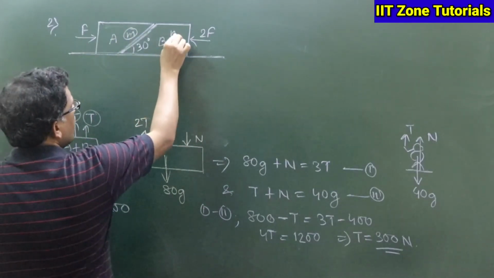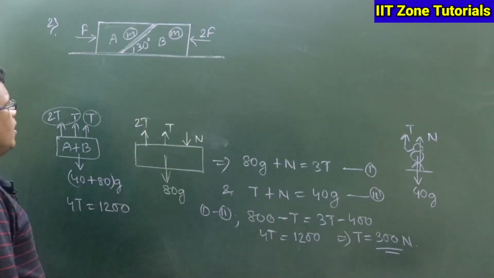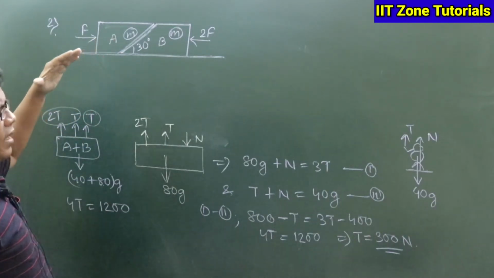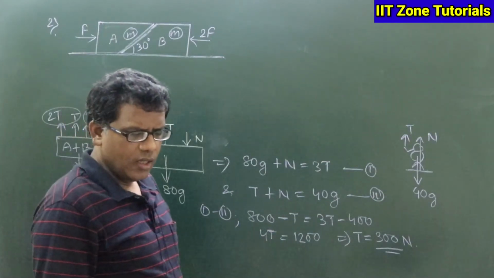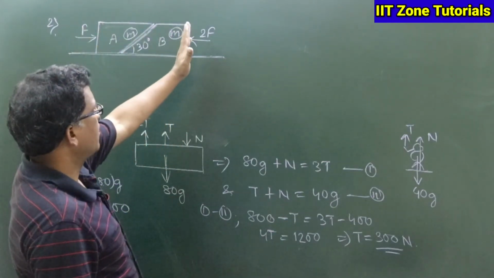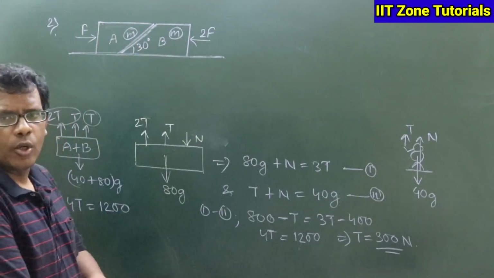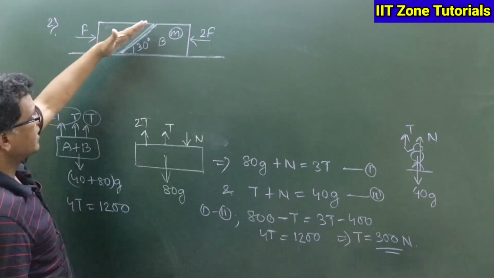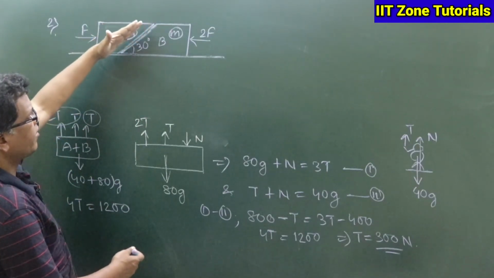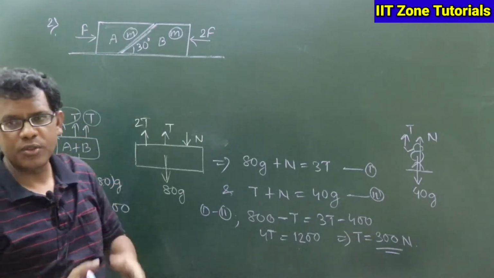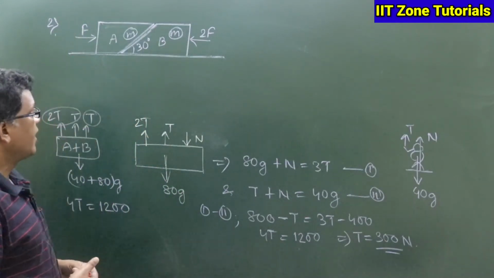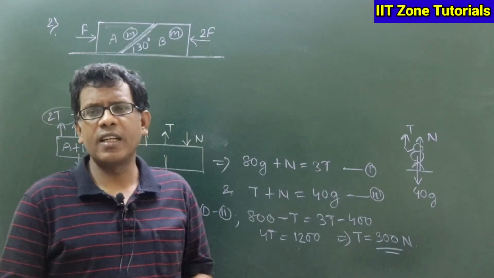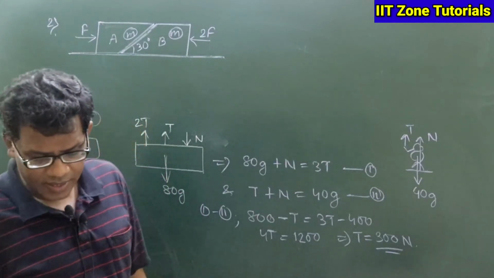They are identical blocks, but they are in contact at their slant surface. One of the edges of both the blocks is vertical, where forces have been applied, but the common surface of contact is not a vertical surface, rather it is a slant surface of A in contact with the slant surface of B. Surface to surface contact has been suggested, and the inclination of that slant surface is 30 degrees with horizontal, right? Do you understand the diagram?